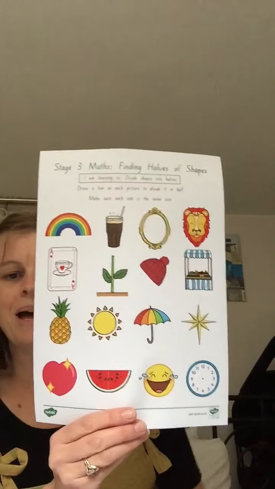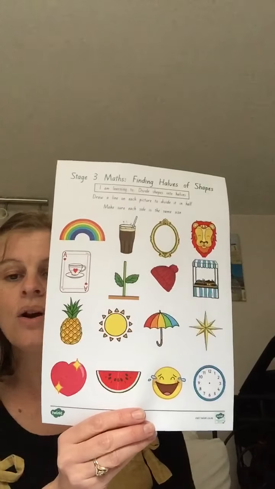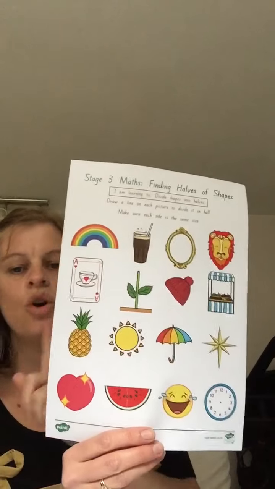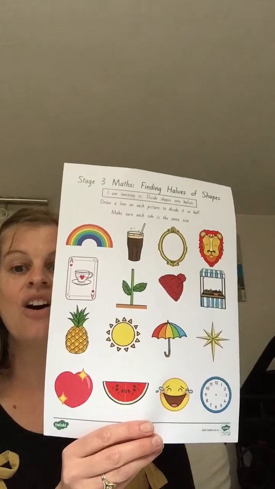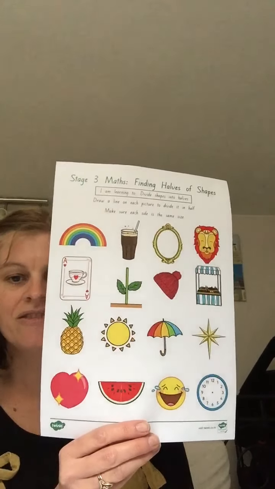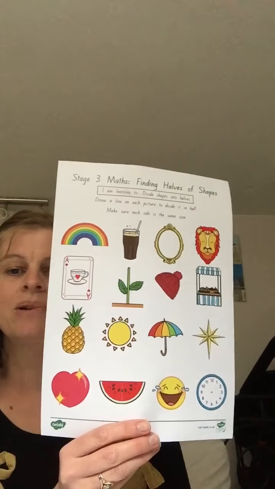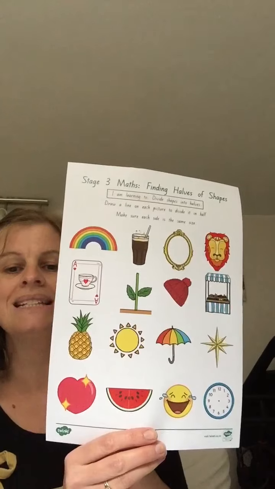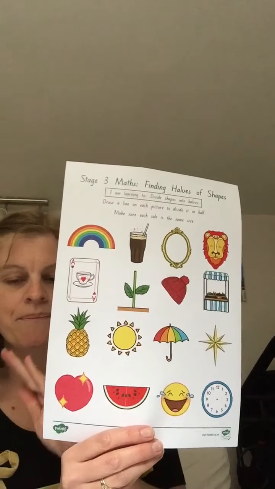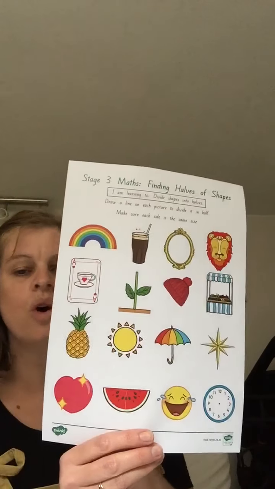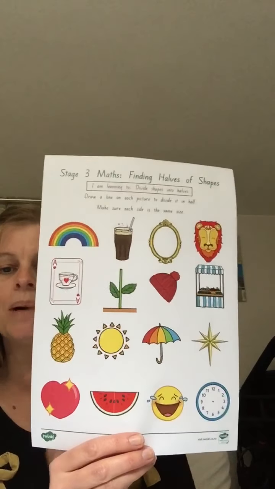Now, the thing that is tricky about this sheet is some of the pictures cannot be divided in half. They cannot be split in half because if you were to split them in half, they wouldn't be exactly the same on each side. Remember, half is one of 2 equal parts.